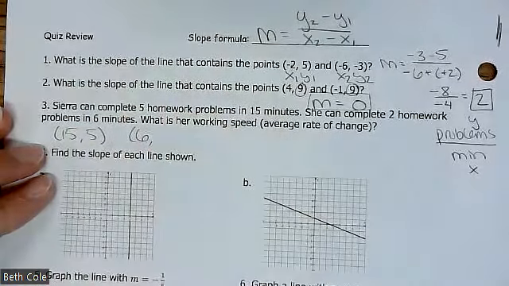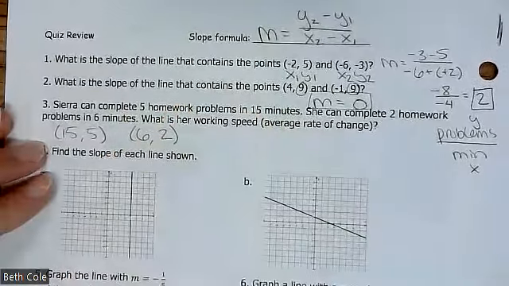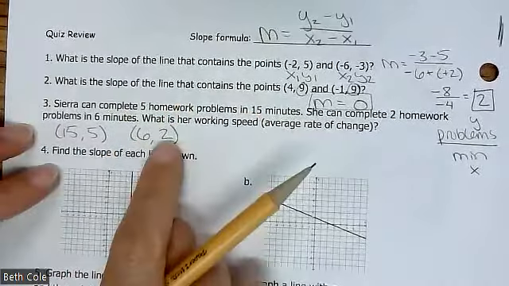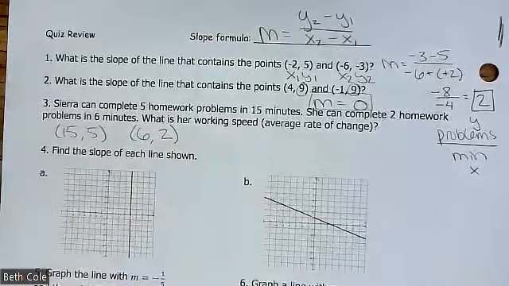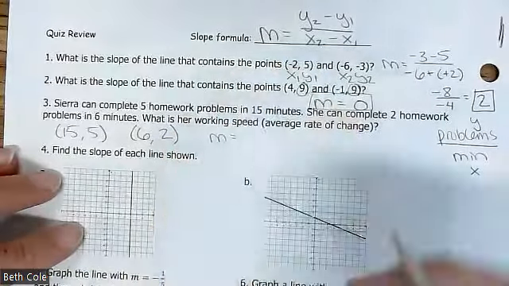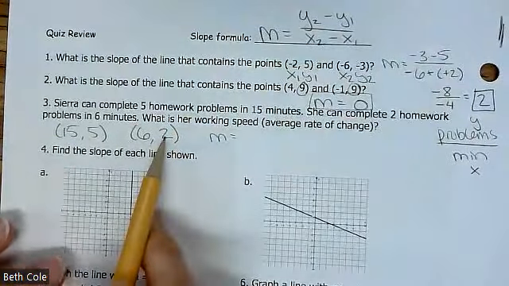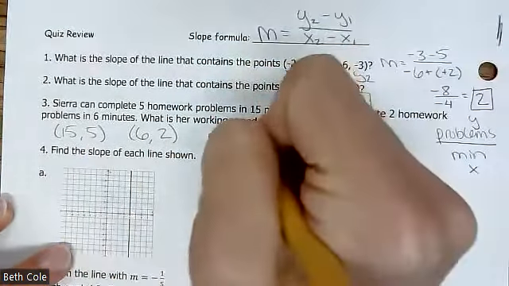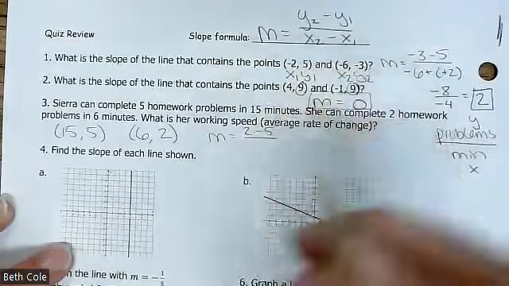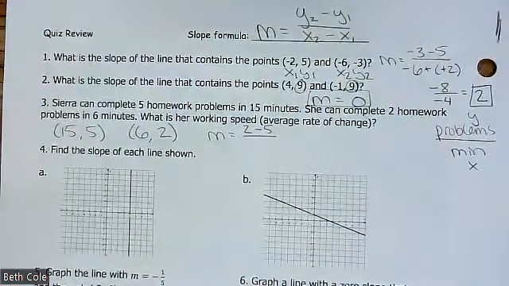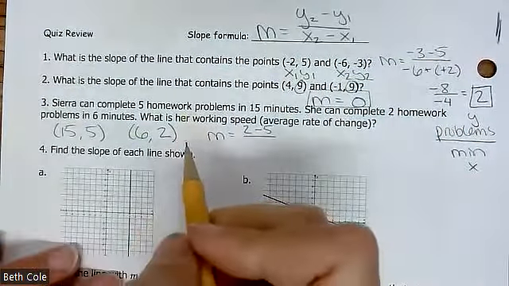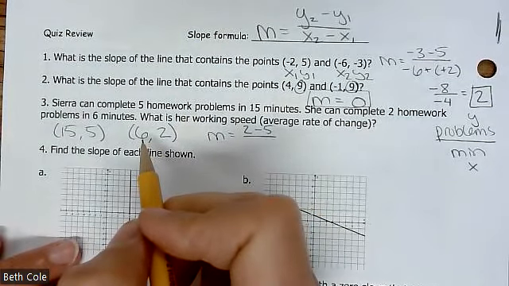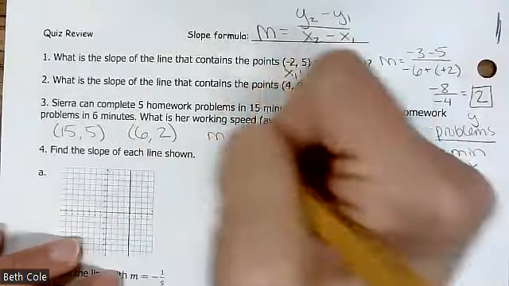She can do 2 problems. So when you subtract these, if you actually work out the slope, it would be 2 minus 5. I think you just had it upside down. 2 minus 5 over 6 minus 15.